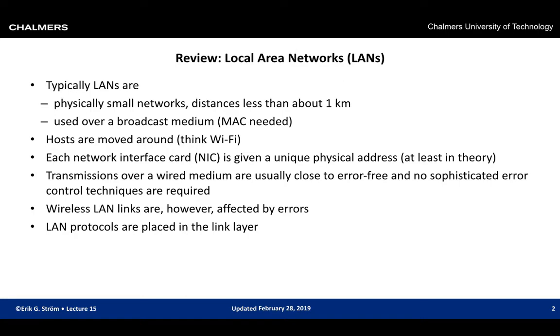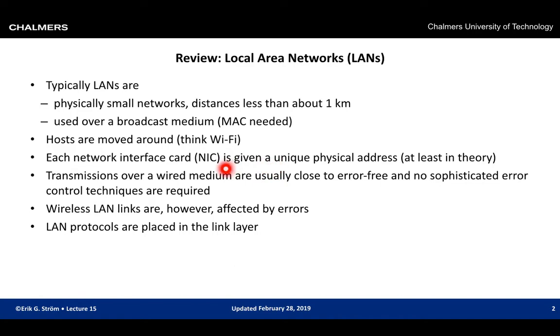Right? So these are moved around. For instance, if you think Wi-Fi is a LAN protocol, obviously we move around. Each network interface card, which is the gadget that attaches to the network, sometimes called a NIC also, is given a unique physical address, also known as a MAC address. So physical or MAC address is the same.